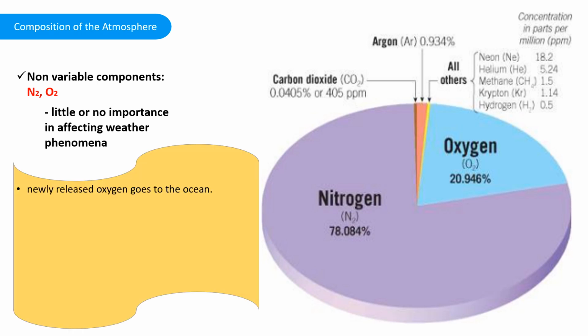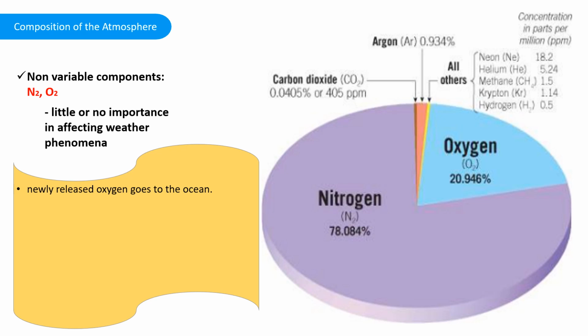And this composition has come about because of, for example, the oxygen that was released. As I mentioned in the previous slide, with the splitting up of the water vapor, the hydrogen separated from the oxygen, and the hydrogen rose up to space and the oxygen was left.